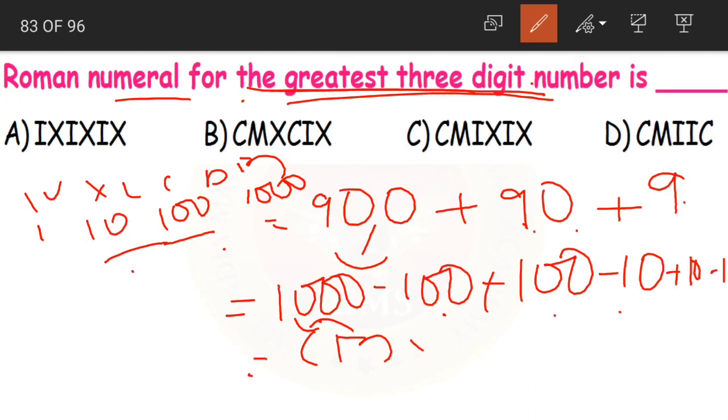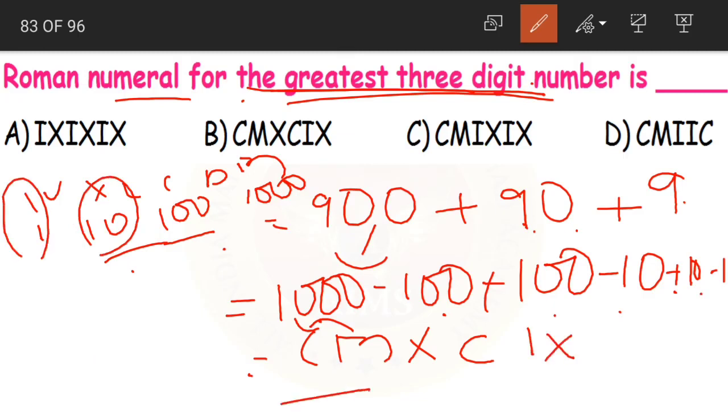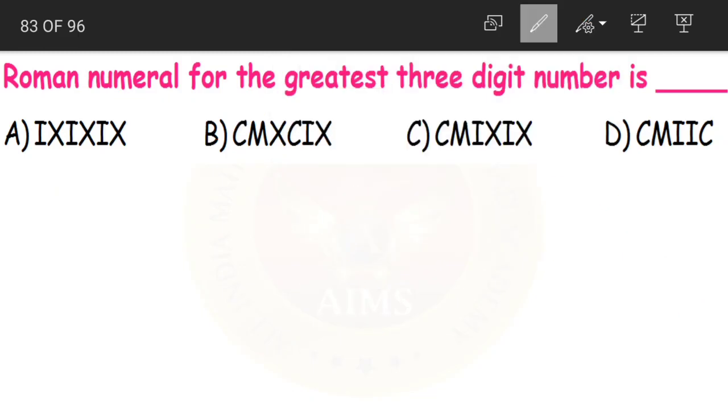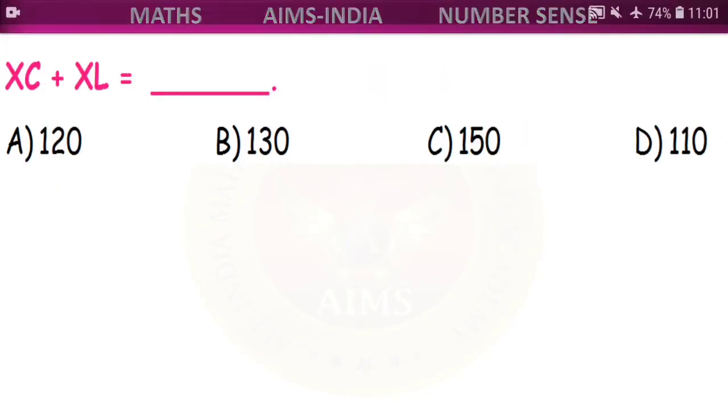Now how should you write it? XC. Next, 9. 9 is 10 minus 1. 10 is X and 1 is I. So IX becomes our 9. CM XC IX. That is option B, the Roman numeral for the greatest 3-digit number, 999. Clear, children? Okay, now moving on to the next question.